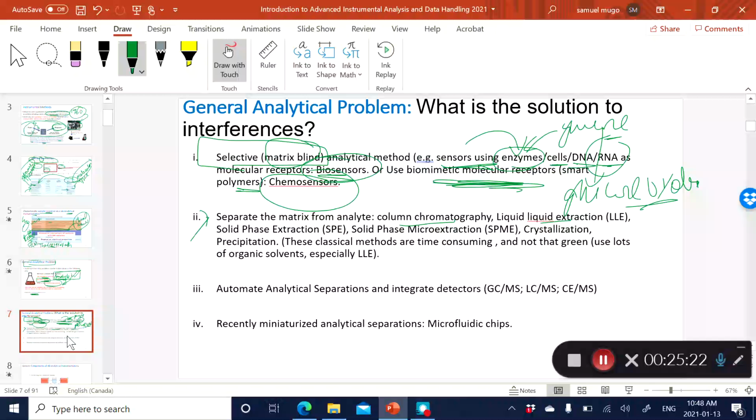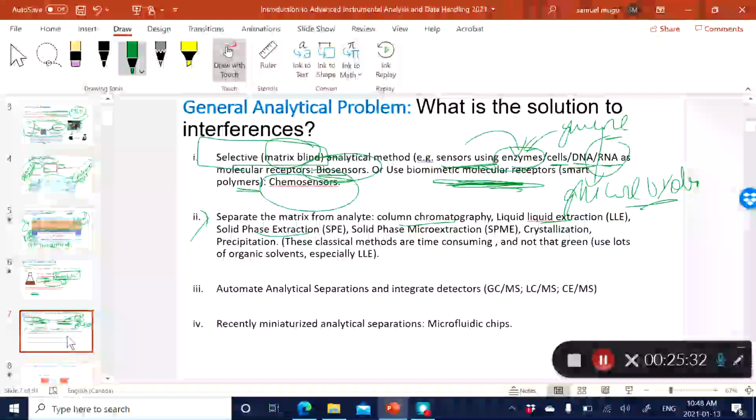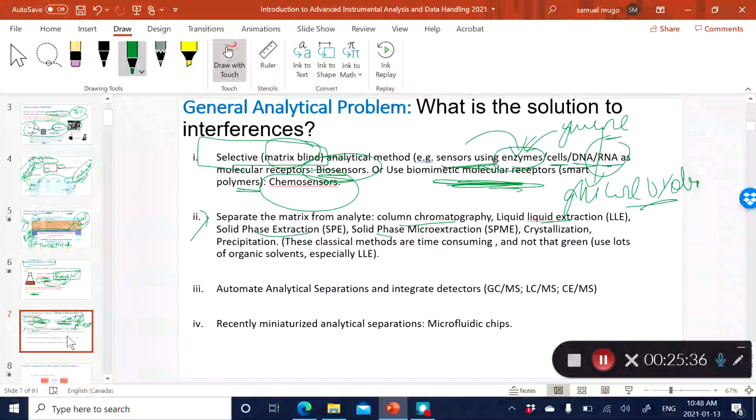Solid phase extraction is another example of separating the analyte using its ability to get trapped into a solid platform. Recently, people have developed or miniaturized SPE into solid phase microextraction, and we do that a lot in our research group as well. You can also do things like crystallization, very common.